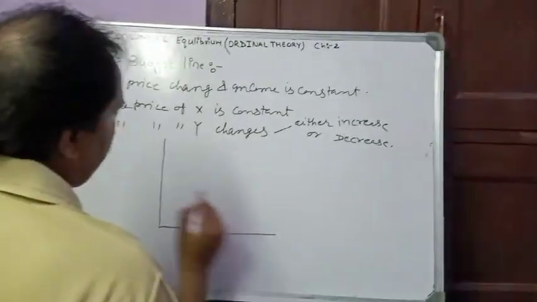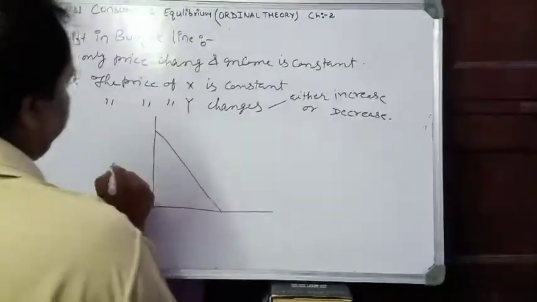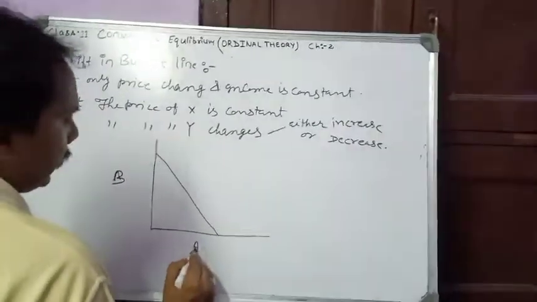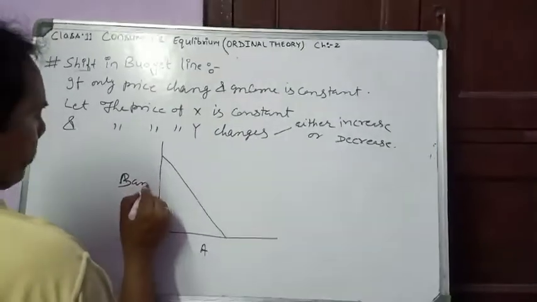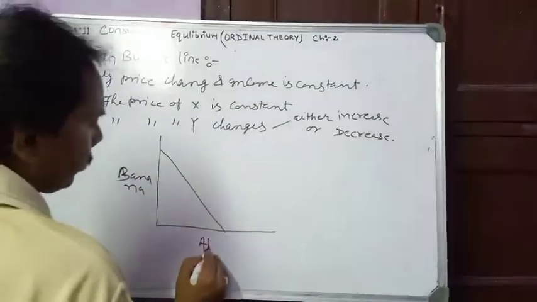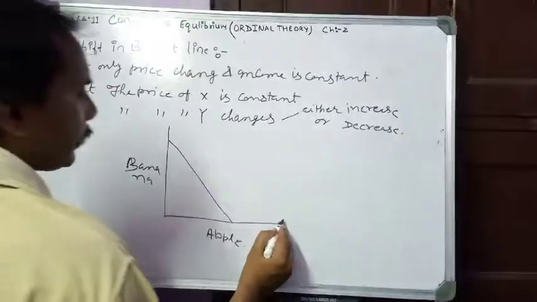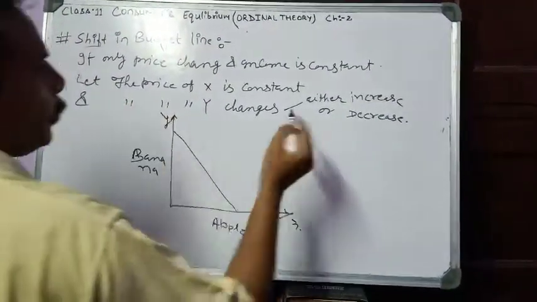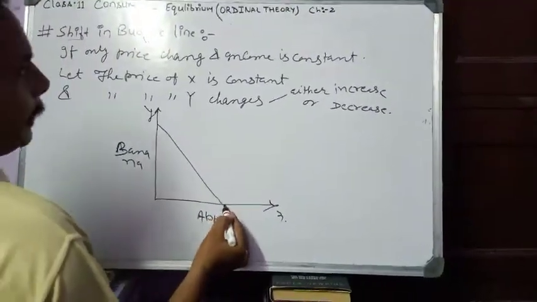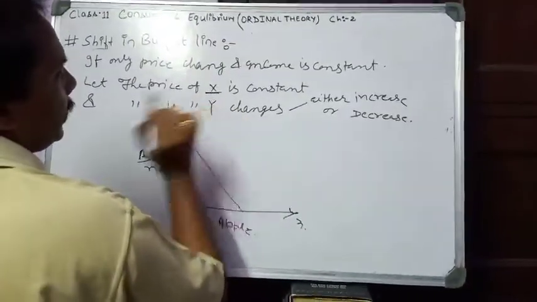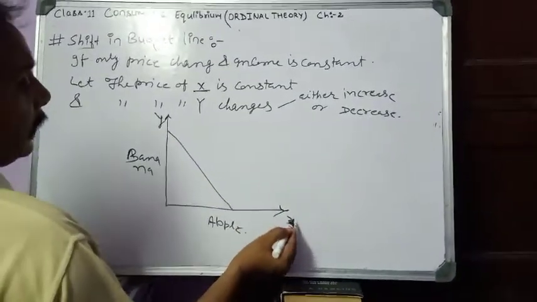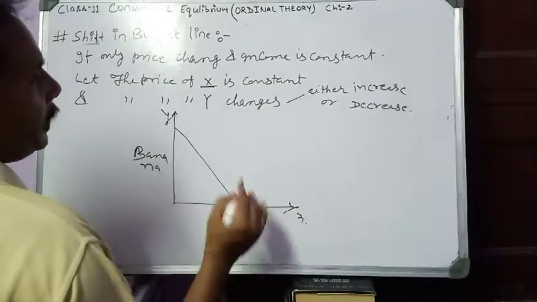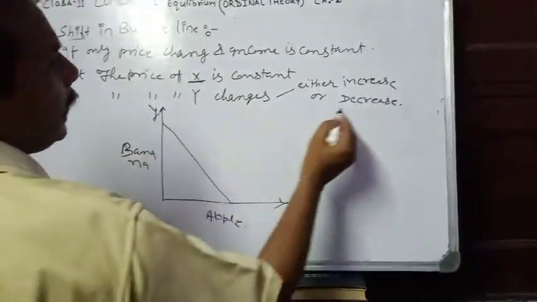So suppose it is our budget line A. Suppose the price of apple is constant, because I have written X is constant, meaning on the x-axis, that is the apple, so its price is constant, but the price of banana has decreased.